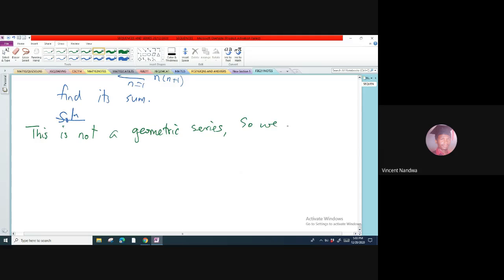So we go back to the definition of a convergent series and compute the partial sums.